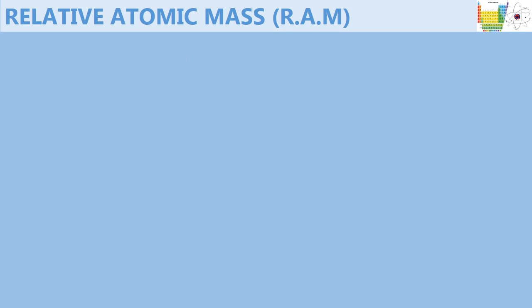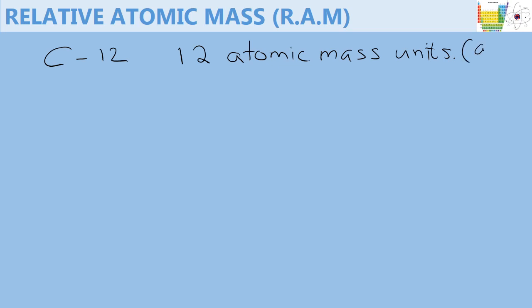In this new scale, carbon-12, which you write as C12, contains 6 protons and 6 neutrons and weighs exactly 12 atomic mass units, which is also abbreviated as AMU.